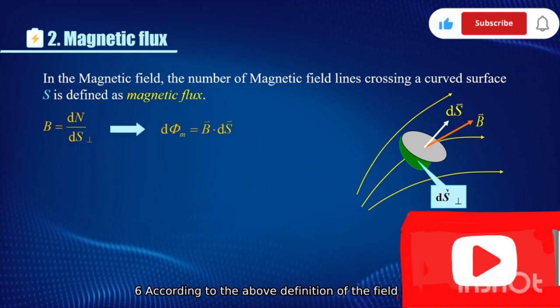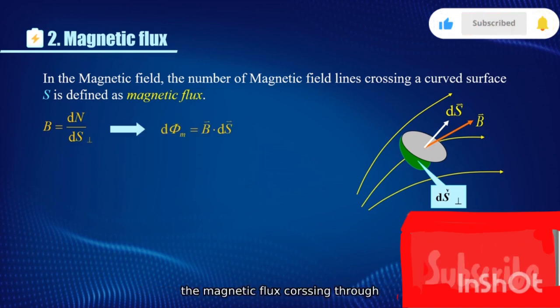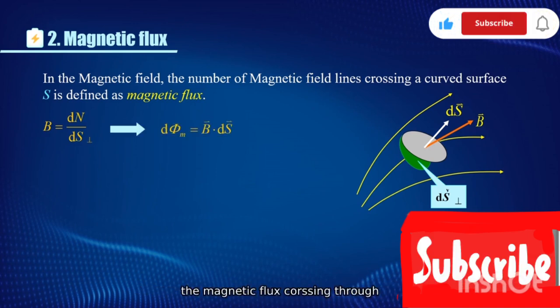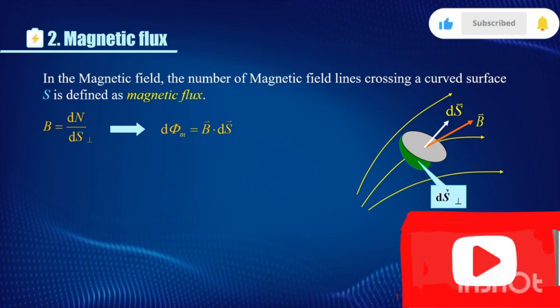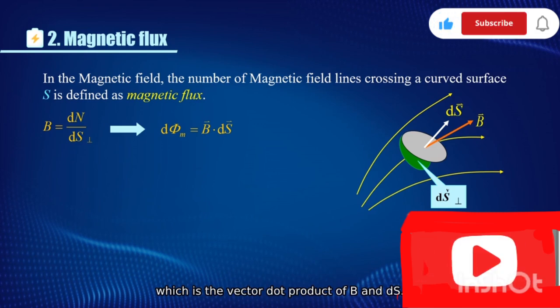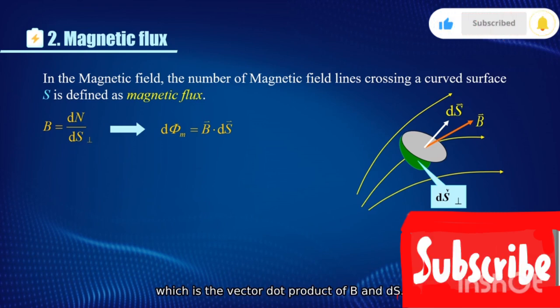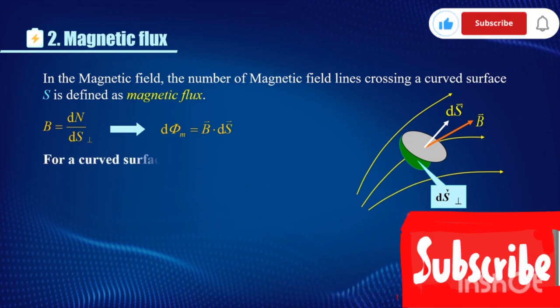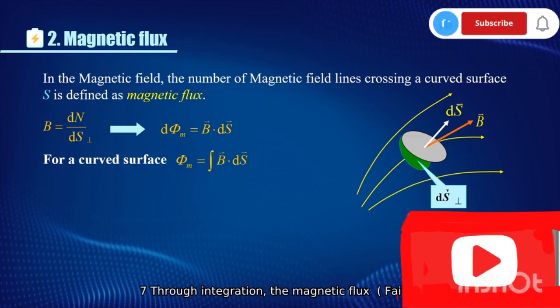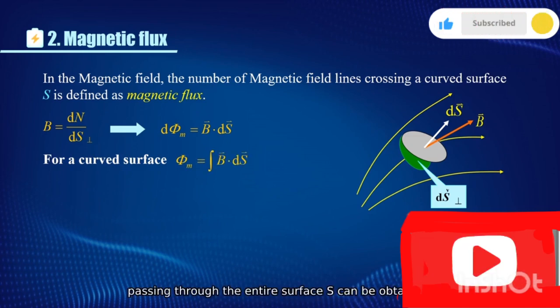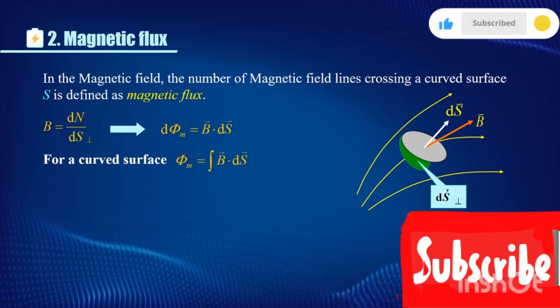According to the above definition of the field line, the magnetic flux crossing the area element is dΦm, which is the vector dot product of B and dS. Through integration, the magnetic flux Φm passing through the entire surface S can be obtained.